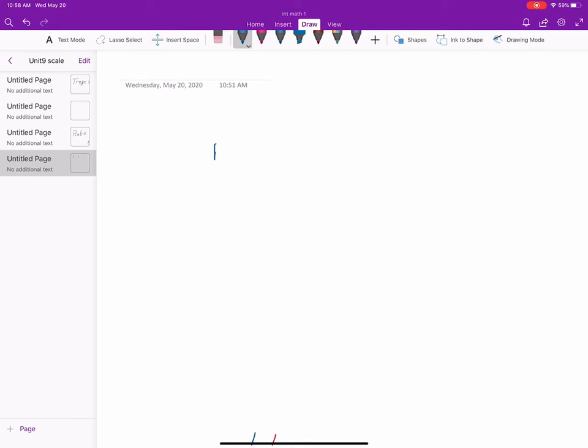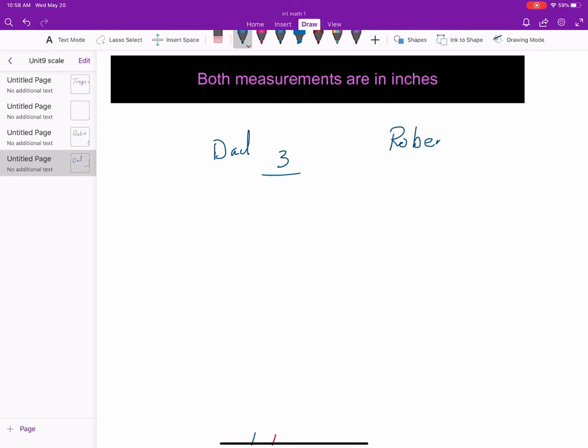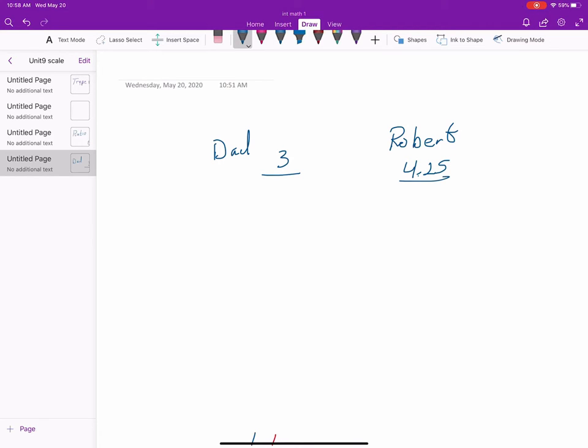So I'm going to go into here. So I got dad here. Okay, so we're going to say that he was 3. All right, I got Robert over here, and I'm going to say that he was 4 1/4. All right, now I want to compare that to their real heights. Okay, so then I can set up a proportion for this.